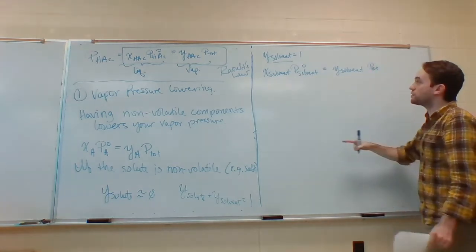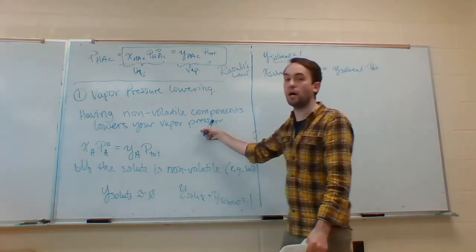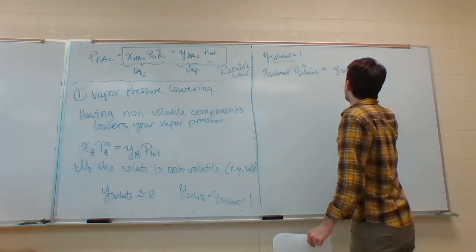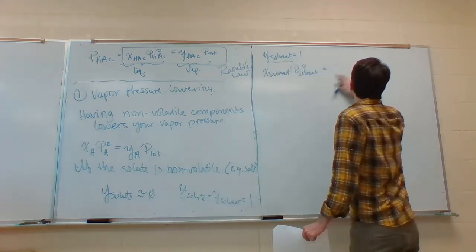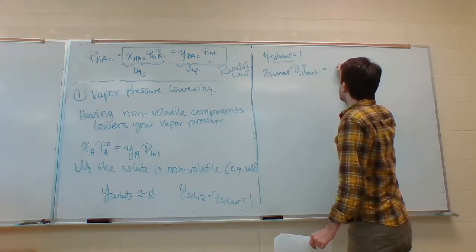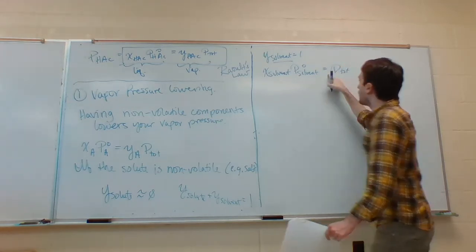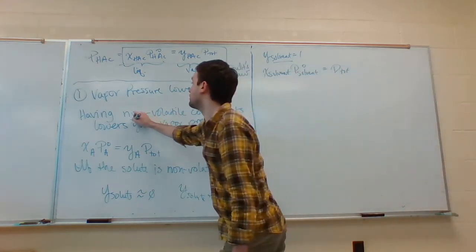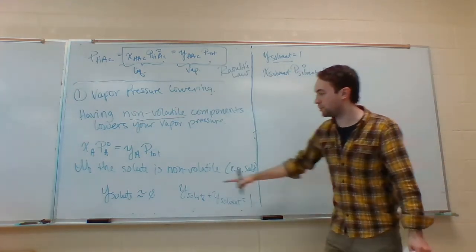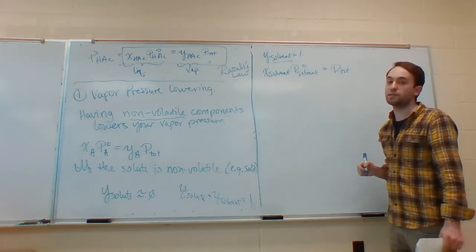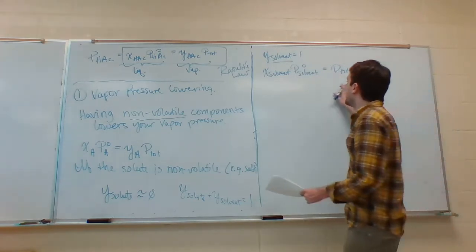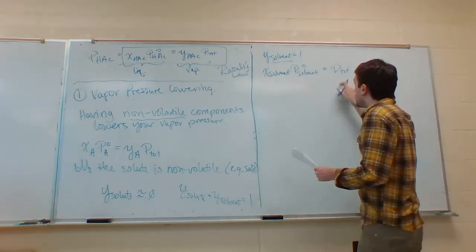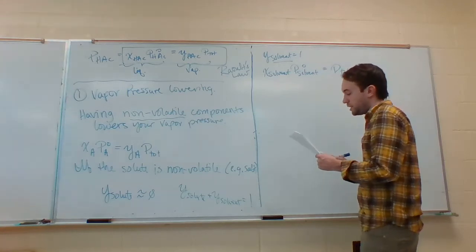Y of the solvent in this case, for a non-volatile component, is equal to 1. So we have 1 times P total, because remember, we just showed that our Y of the solvent was equal to 1. So our total pressure depends on the mole fraction of the solvent.